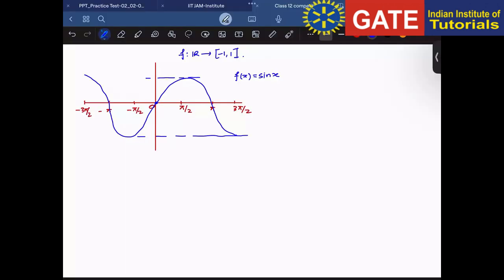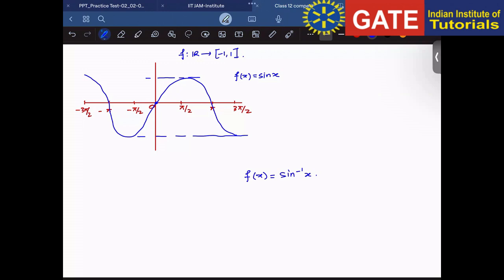What do I need the graph for? f(x) = sin inverse of x. Correct? I need the graph for the inverse function. So what should the inverse function be now? Inverse of a function exists only if it is a bijective function, 1-1 and onto.